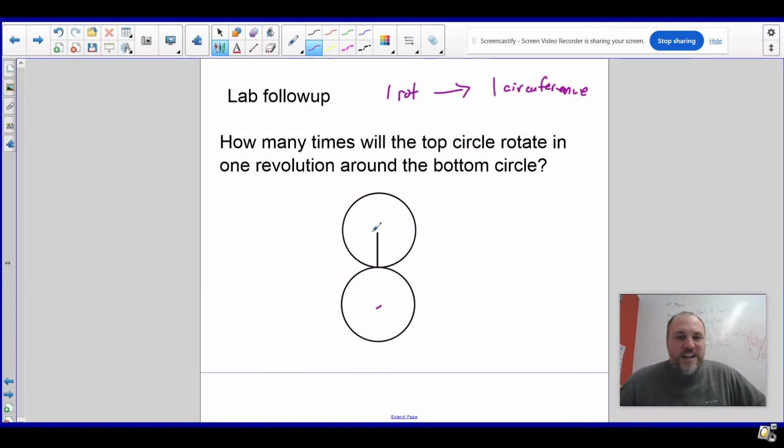But what's interesting is it's the center of mass that is actually traveling that distance of one circumference for one rotation. So where you may have said this circle needs to just travel this distance, which would be one circumference, it's the center of mass that's traveling that linear distance, right?